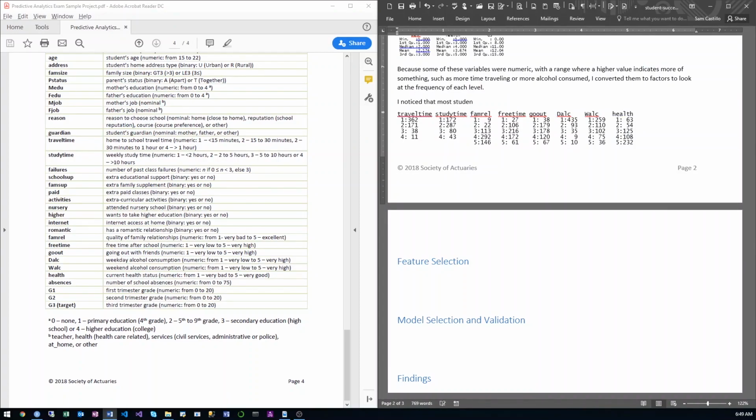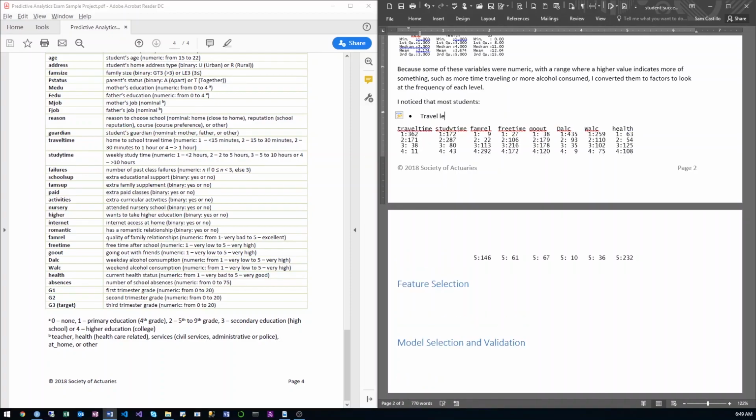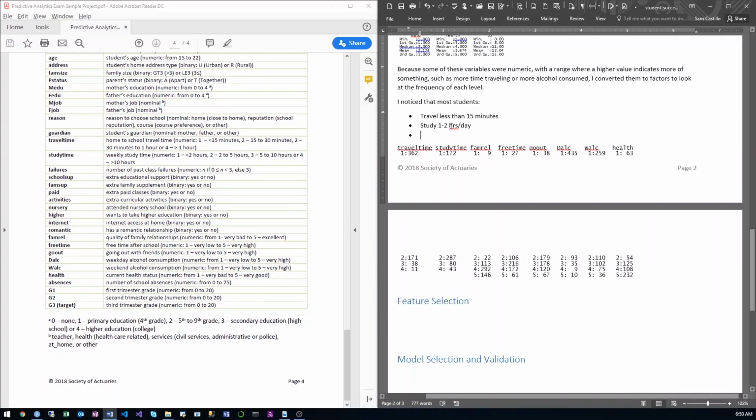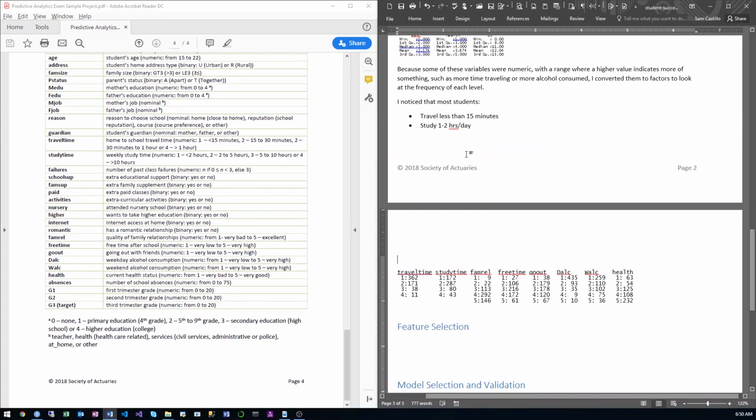I noticed that most students travel less than 15 minutes. Where's study time? Study 1 to 2 hours per week, or per day. It must be per day. What is family relations? Quality of family relationships, where very bad is 1.